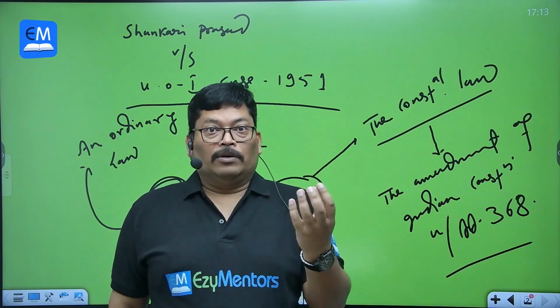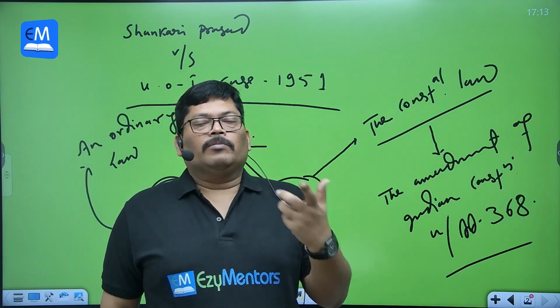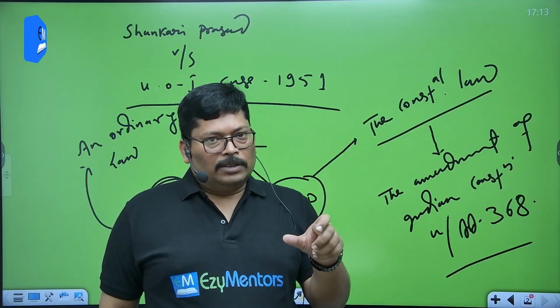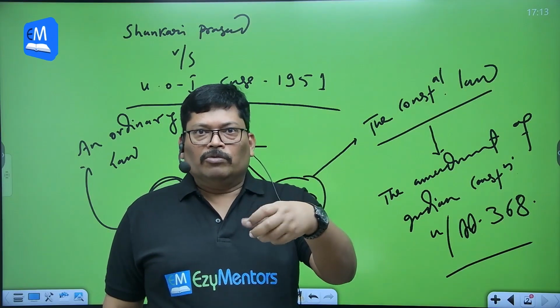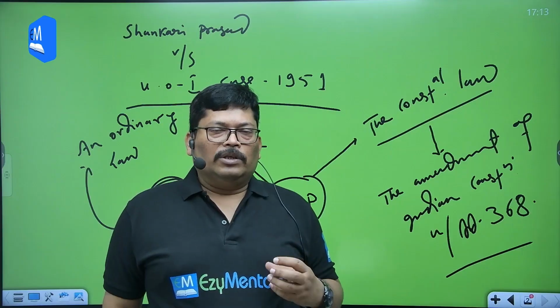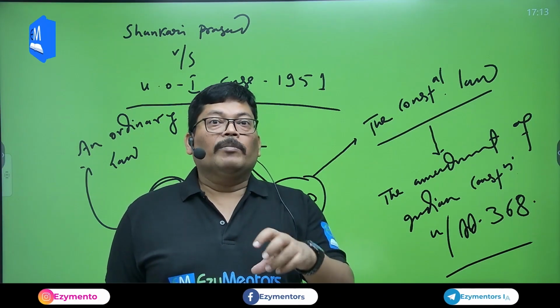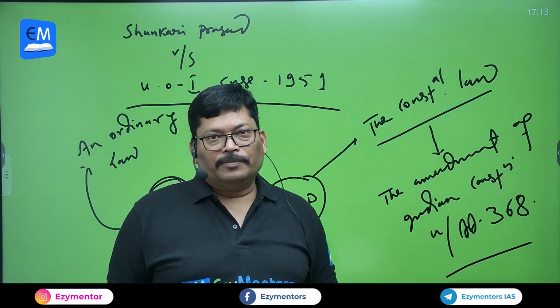The examination of the validity of ordinary laws simply depends upon whether such laws are consistent with the constitutional laws or not. Means constitutional laws are basically the landmark to examine the validity of ordinary laws.